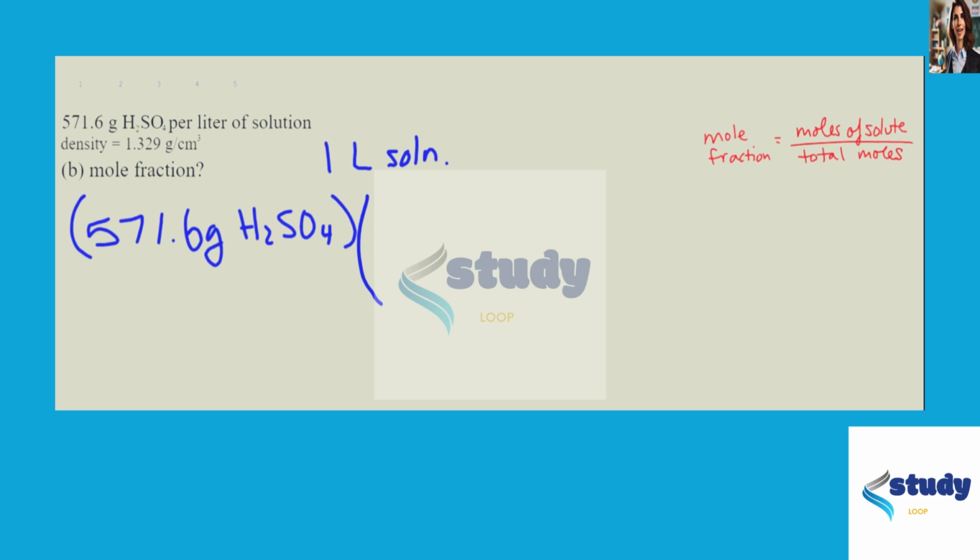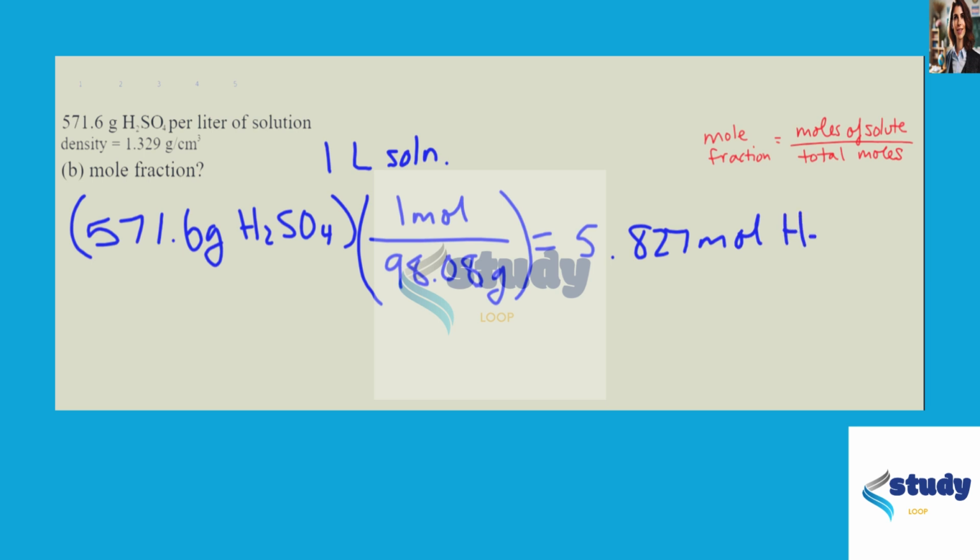We can divide by the molar mass, which is 98.08 grams for every 1 mole of H2SO4, and find that total that is 5.827 moles of H2SO4, which is our solute.